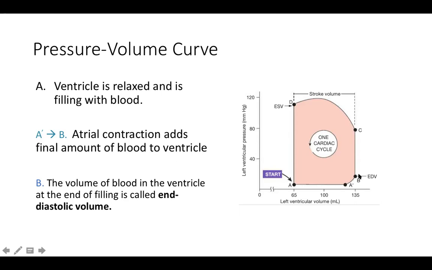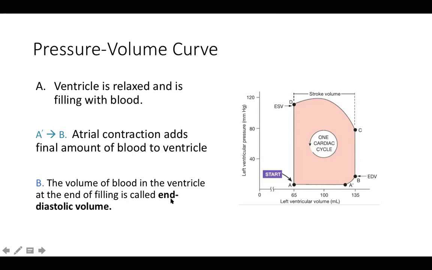This area here is the end of the diastolic phase, or the end of the relaxation phase of the ventricle. So I know that there's systole here. This is atrial systole, but what we're talking about here is ventricular diastole. At the very end of the ventricle being relaxed, or the very end of diastole, there's a certain maximum volume that your ventricle will have, and that's at point B. And you see that it's denoted EDV.